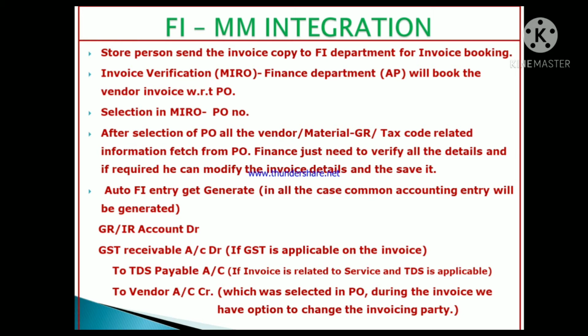The FI department, the accounts payable users, will book the vendor invoice with reference to PO in the T code MIRO. What are the selection parameters in MIRO?